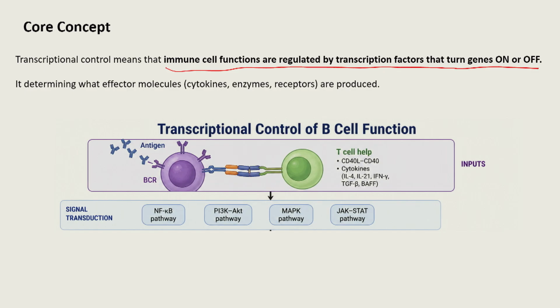So let's first concentrate on the transcription control of B cell function. If you focus here, we have a BCR, and I'm re-emphasizing multiple times that the BCR, which is called the B cell receptor, is actually an immunoglobulin (Ig) molecule, and this Ig molecule goes out and performs some function from time to time.